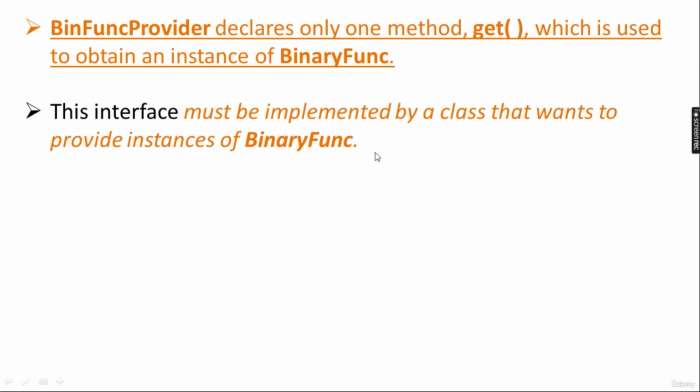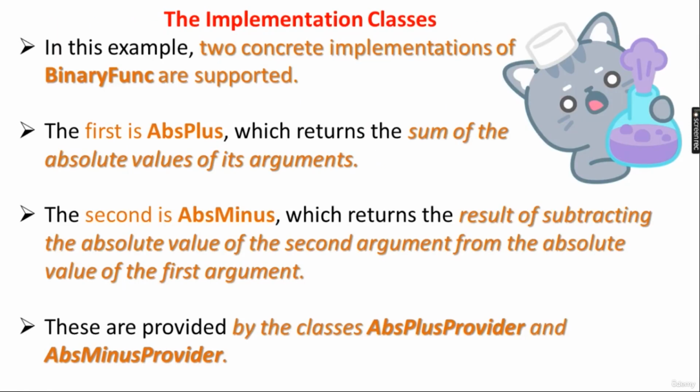of BinaryFunction. The implementation classes. Two concrete implementations of binary functions are supported. First is AbsPlus, which returns the sum of the absolute values of its arguments provided in the brackets. And second is AbsMinus, which returns the result of subtracting the absolute value of the second argument from the absolute value of the first argument.